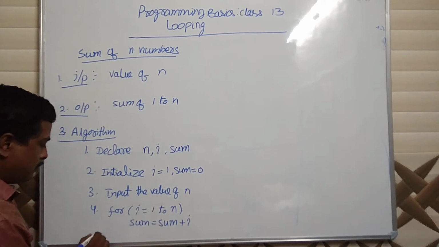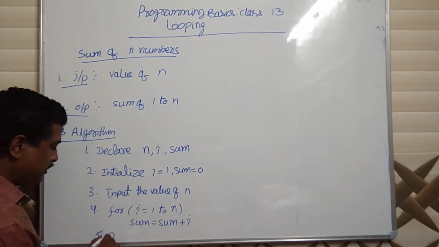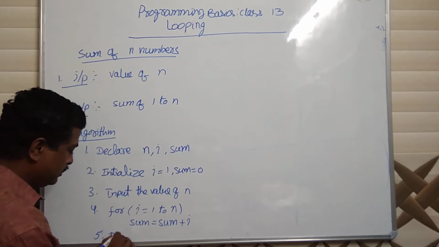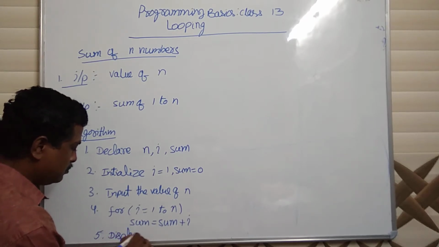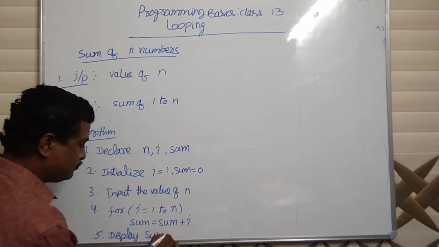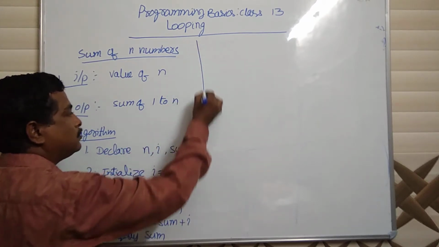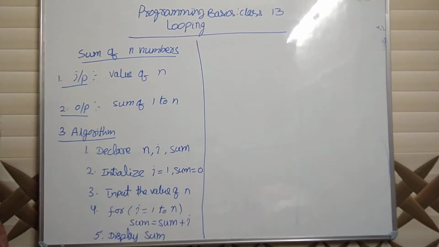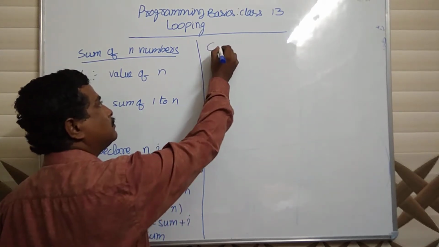Now last step, display the result. Display sum. So algorithm finished. Let us go for C program.